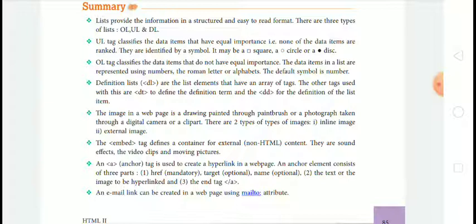An image in a web page is a drawing painted through a paintbrush, or a photograph taken by a camera, or a clip art. There are two types of images: inline image and external image. The embed tag defines a container. There are also sound effects, video clips and movie pictures.